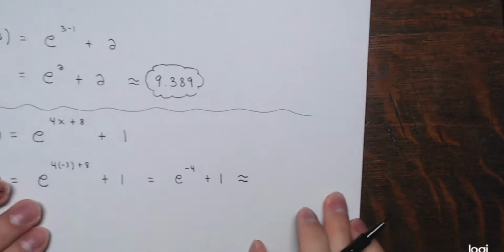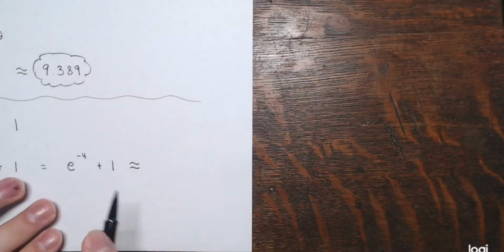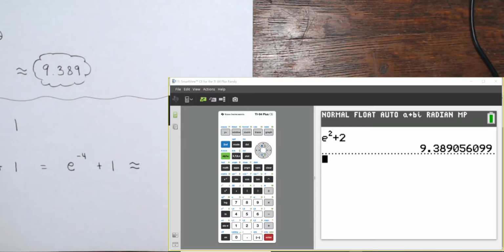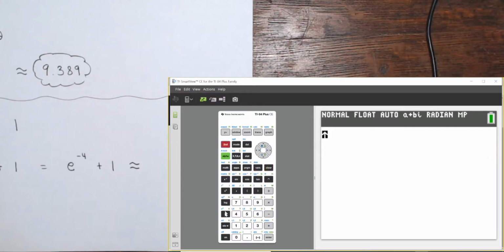All right, so once again, I'll pull a calculator up and enter e to the -4th plus 1. So let's clear this. Enter e to the -4 power, then plus 1.